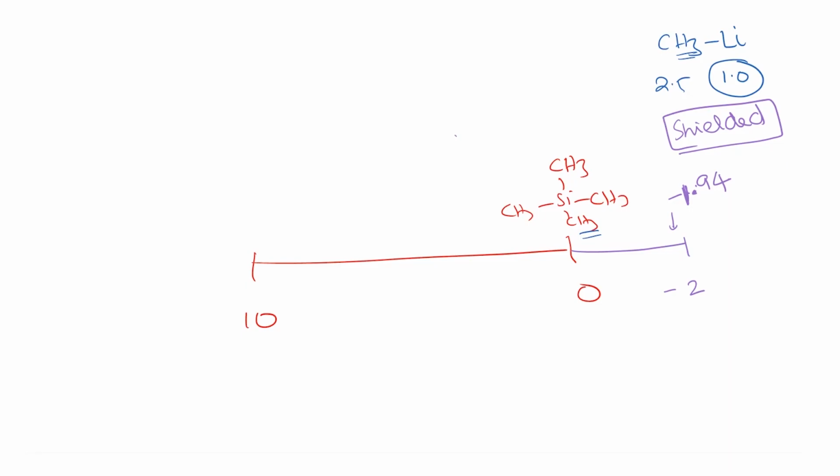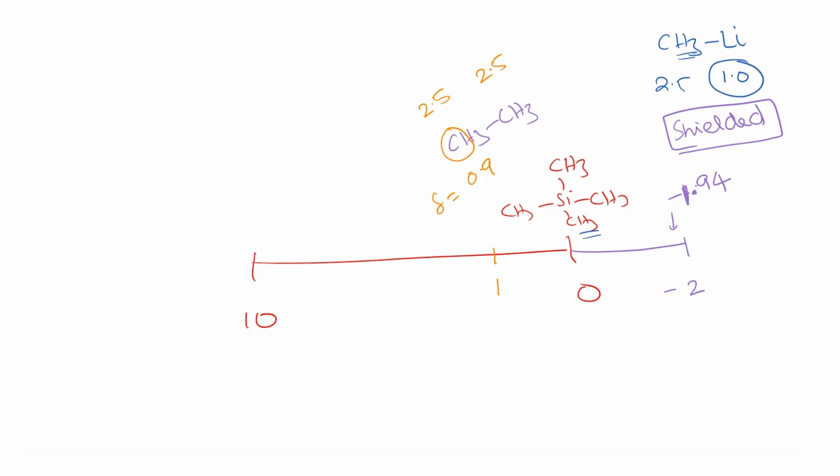Now, let us take the example of just ethane, which is CH3, and here the electronegativity of carbon is 2.5, and so the chemical shift for this hydrogen is around 0.9.